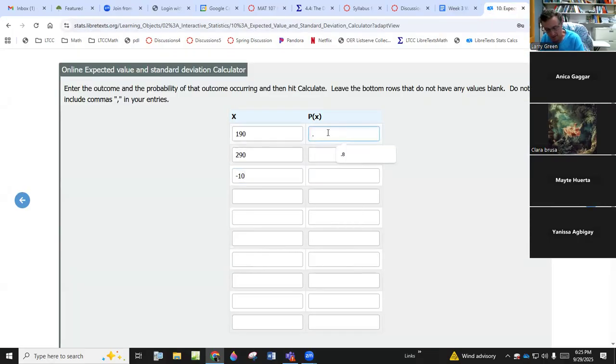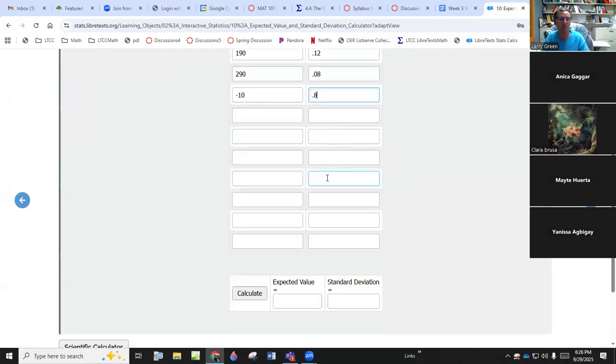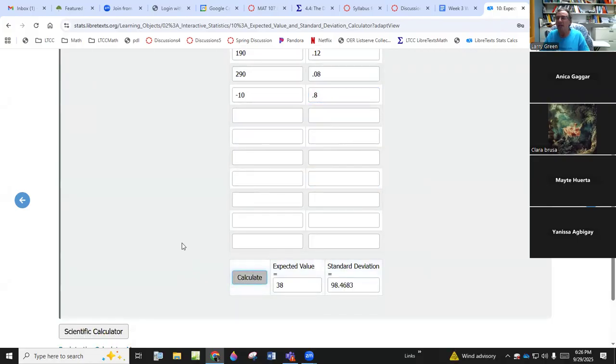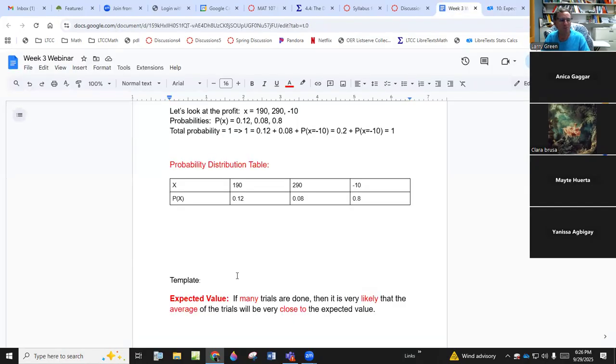And I just scroll and hit calculate. It gives the expected value and the standard deviation. So the expected value is 38 and the standard deviation is about 98. I'm going to go with 98.47.